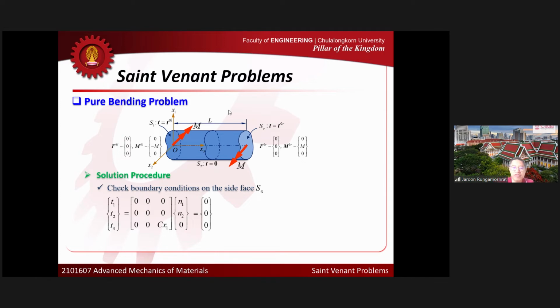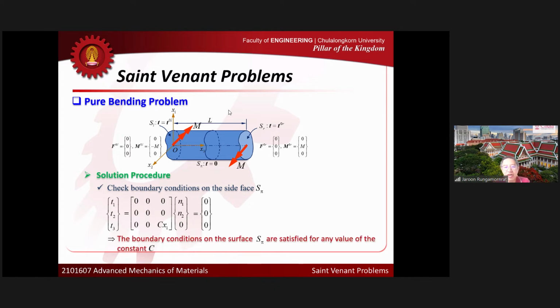So even if you change the constant C to any value, this condition is still satisfied, right? So T1, T2, and T3 generated by the guessed stress field are always zero, like this. So this implies what?